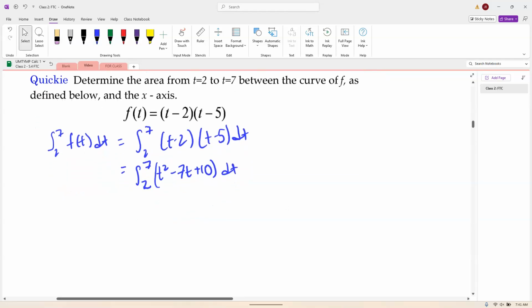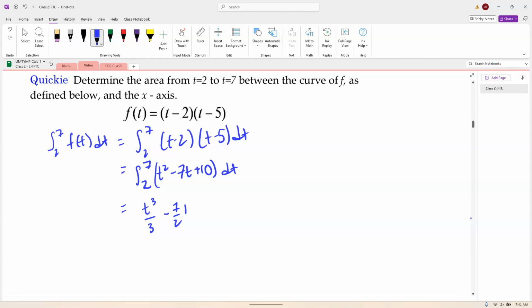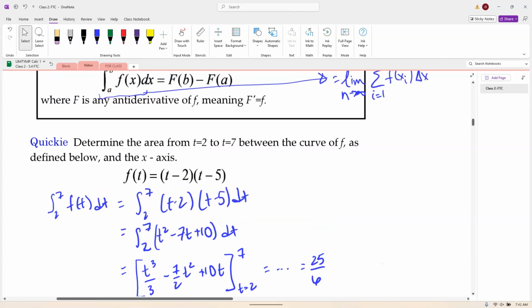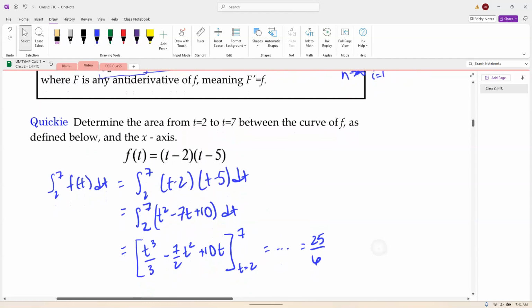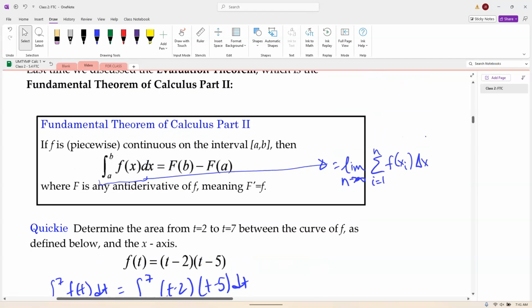The antiderivative would be t cubed over 3 minus 7 over 2 t squared plus 10t, and I would evaluate this whole thing from t equals 2 to 7. With the assistance of a calculator or longhand number crunching, I would get 25 over 6. So it's the same story as the evaluation theorem, just under the more appropriate name of the Fundamental Theorem of Calculus, which we abbreviate as FTC Part 2.